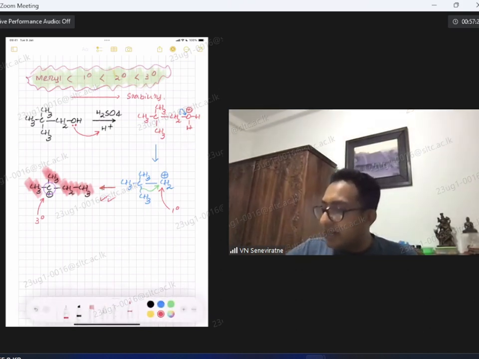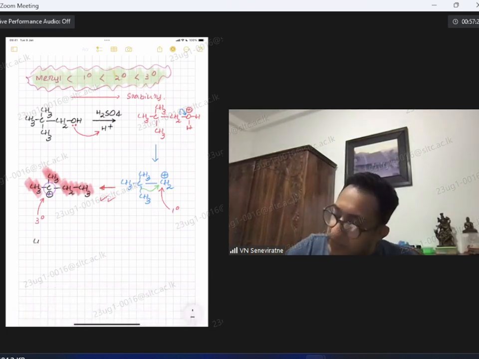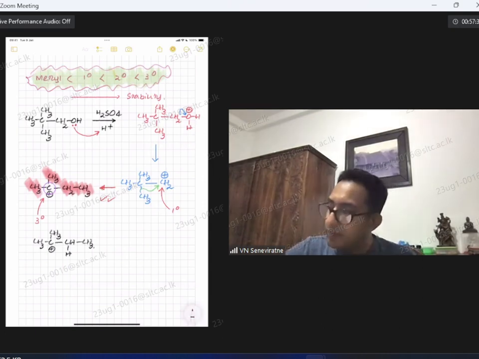And after that, there's another process taking place. See the CH3, and there's a positive charge. Now, molecules don't like to have positive and negative charges, especially these carbon containing compounds. It will remove a water molecule.